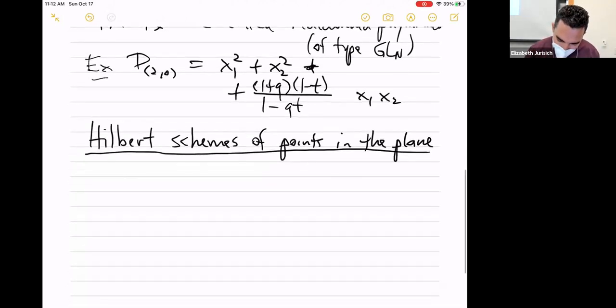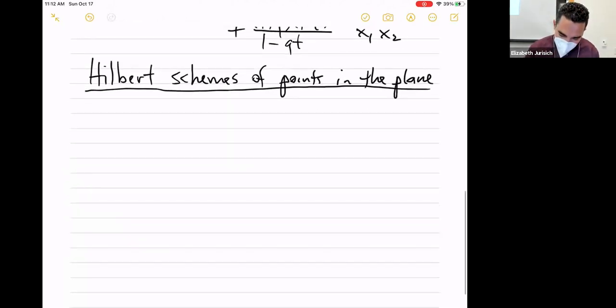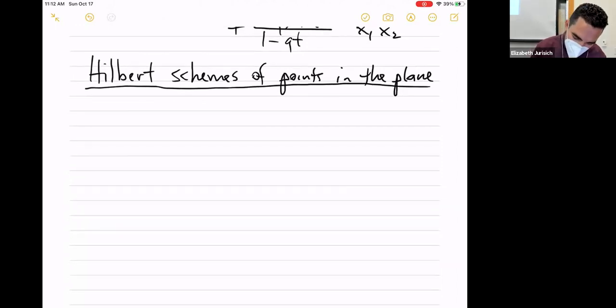So this was really Haiman's insight, Mark Haiman's insight on the subject of Macdonald theory, that there's a connection here. So what is this Hilbert scheme?